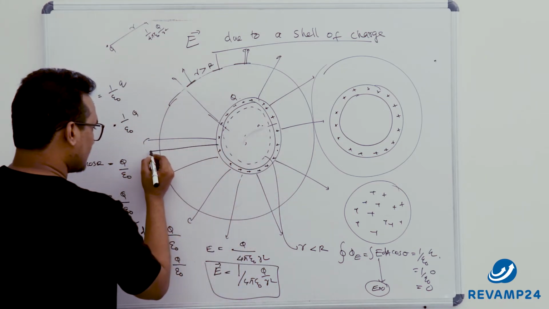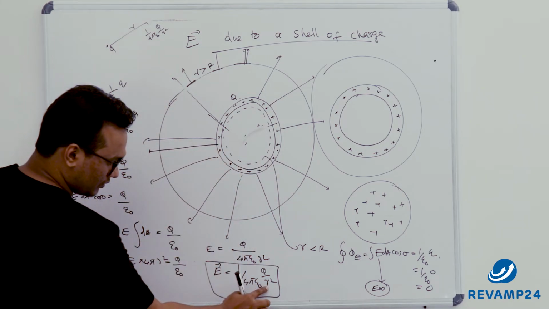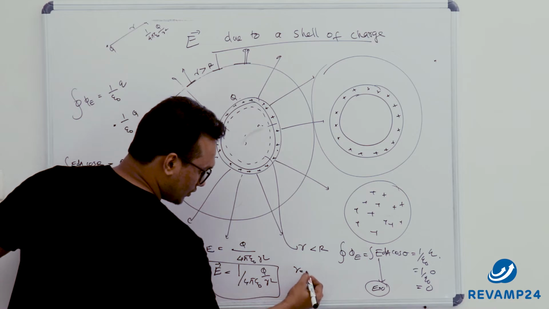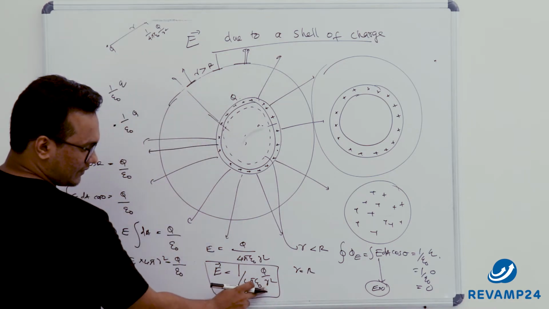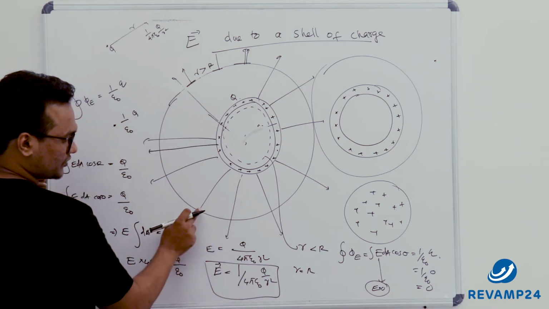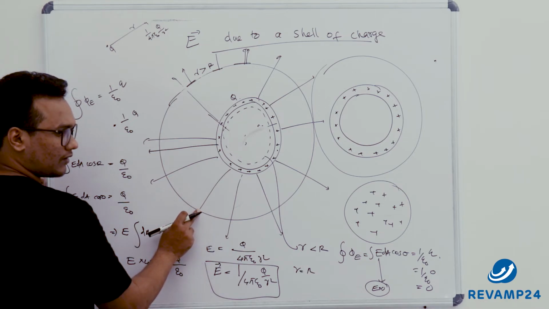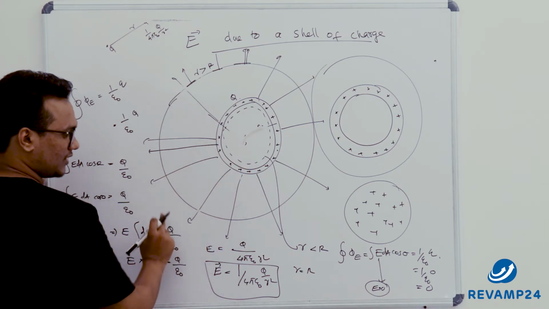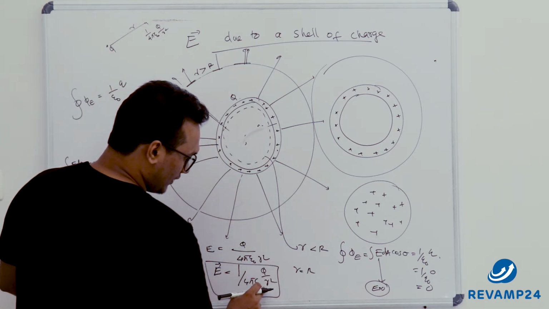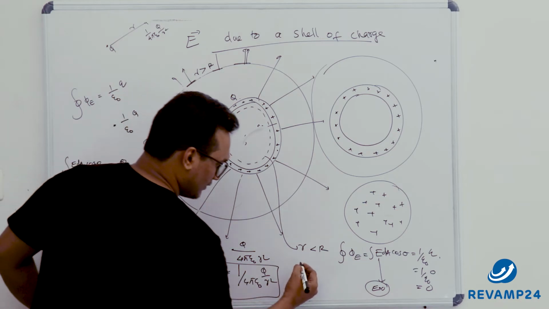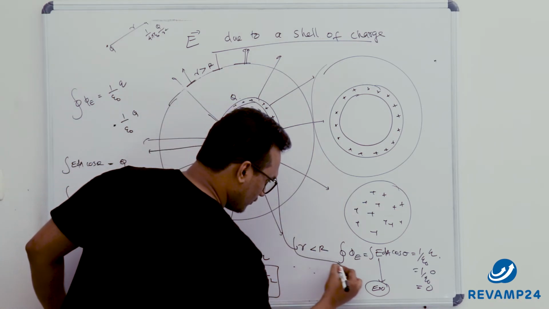To get the value at the surface, we can just substitute r is equal to R, where r is nothing but the position of the point where we are finding the electric field from the center. So when we are considering that r as capital R, then we will get the value of electric field.